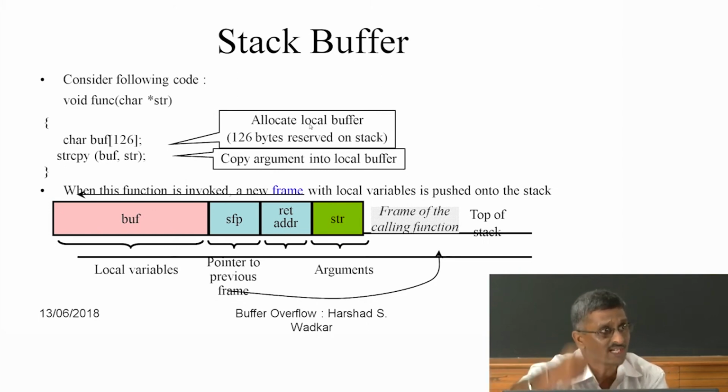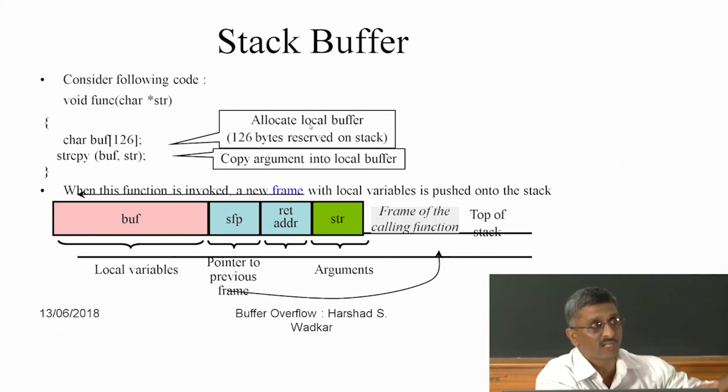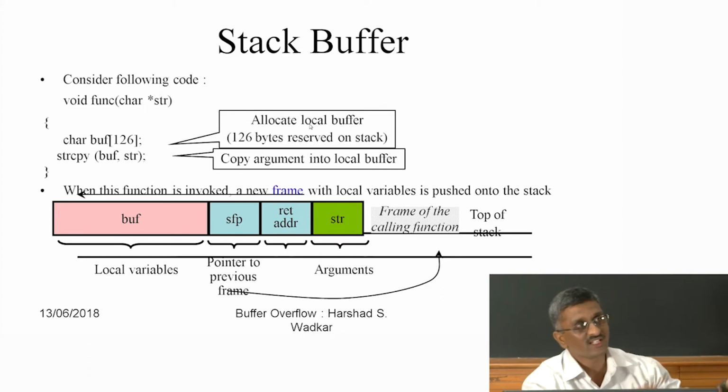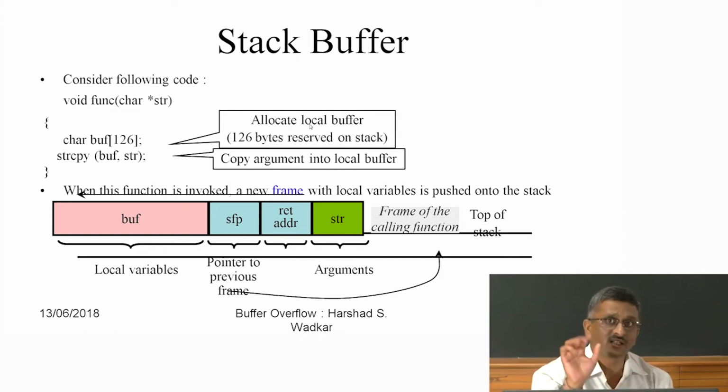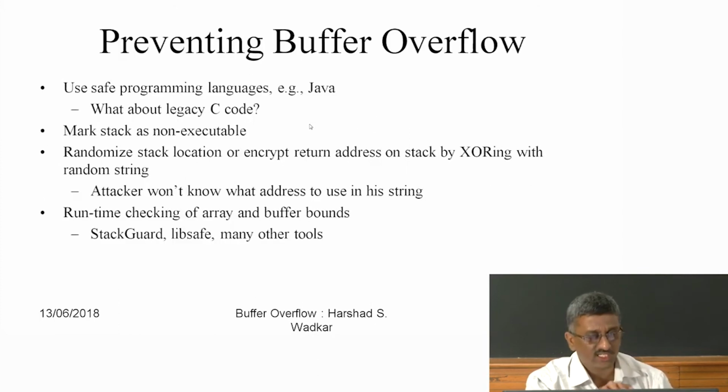The attacker will try a second time and give the input of 134 bytes, but now the return address is shifted to some other location. So his address will again not come into the executable code. That is nothing but changing the return address location, or encrypting the return address on the stack by XORing with a random string. The attacker won't know what address to use in his string because it is changing every time.